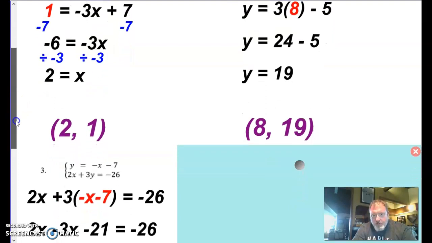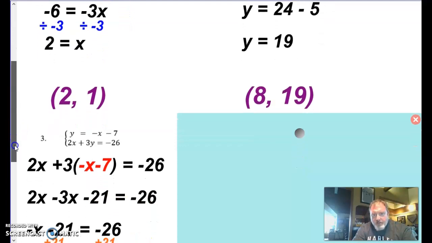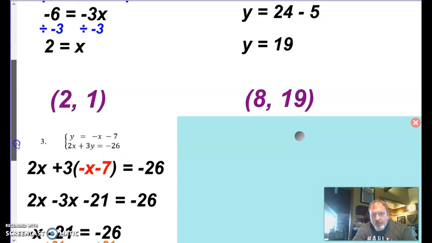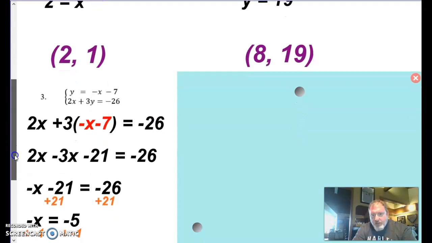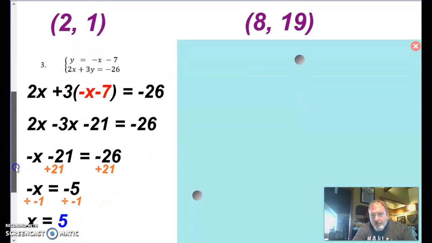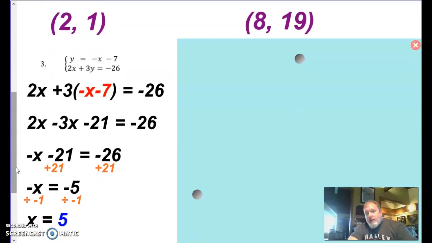We'll go ahead and distribute, and when we do that, we will get 2x minus 3x minus 21 equal to -26. Combine our x's together, so we'll get -x minus 21. We'll add 21 to the other side, and then our last step, as you see there, is we have to divide to solve for x.